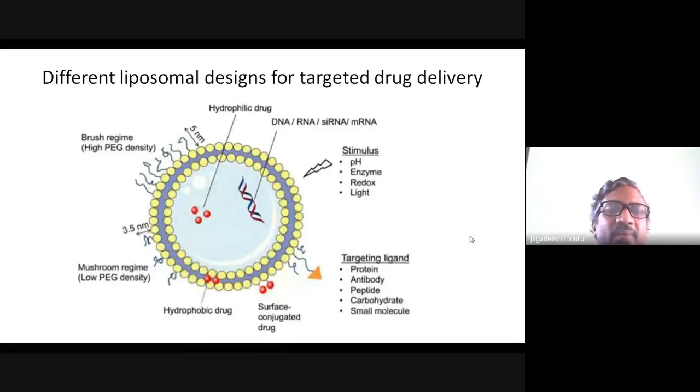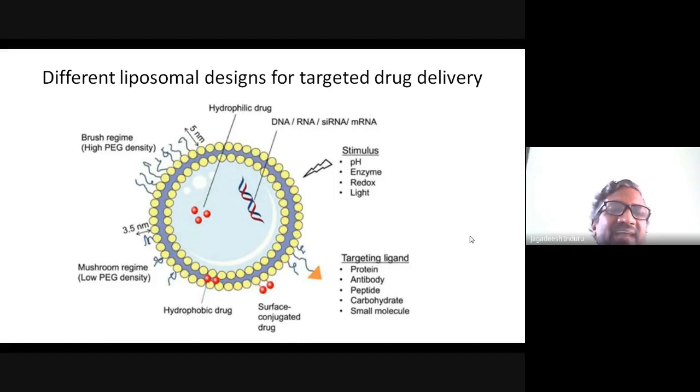So this is the lipid bilayer, mimicking the cellular structure. Outside, there are two types of PEG coating: one is called high PEG density, another is called low PEG density.